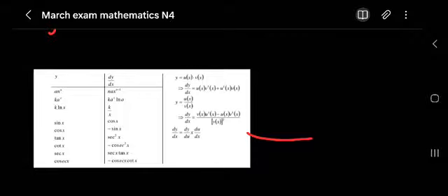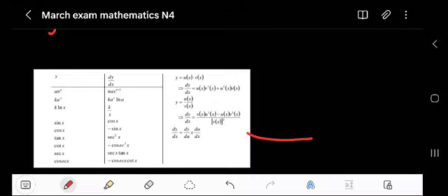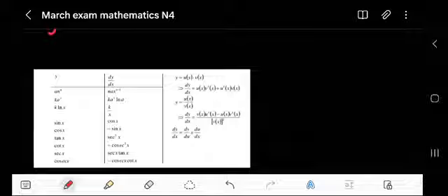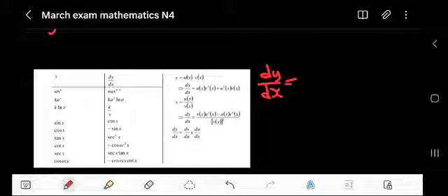There is the formula sheet. Here is the quotient rule. There it says dy over dx must be equal to what?